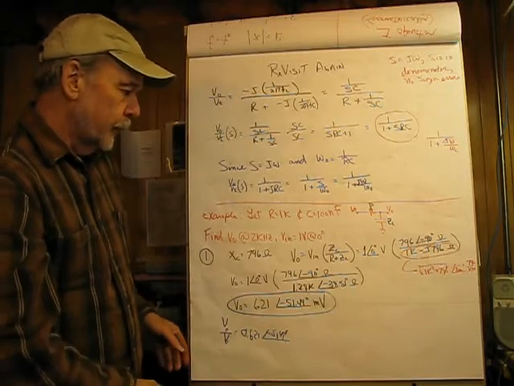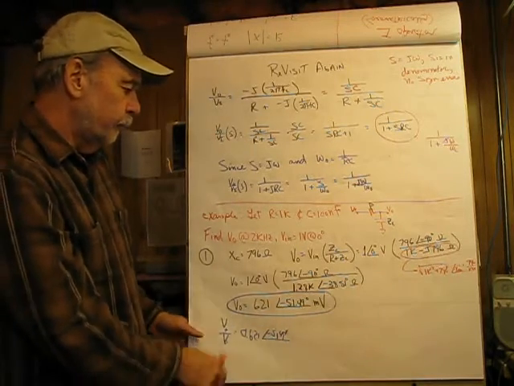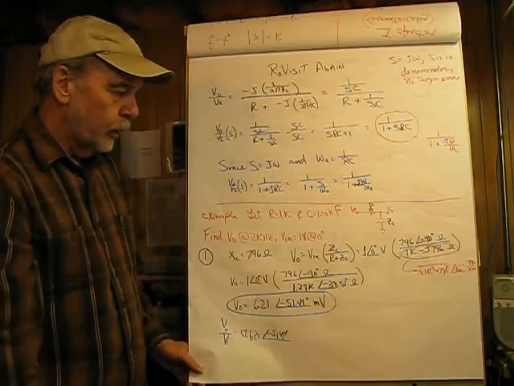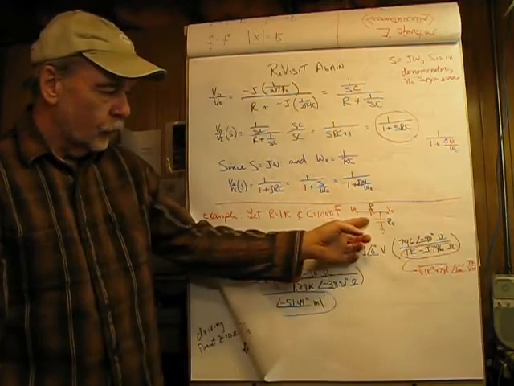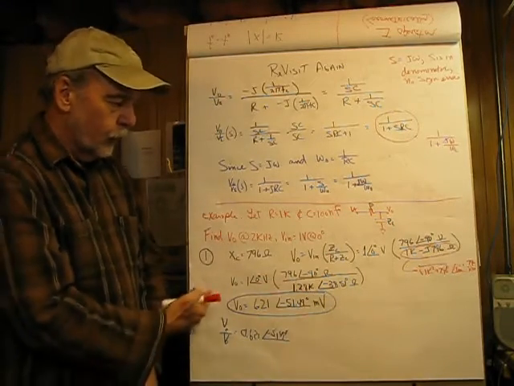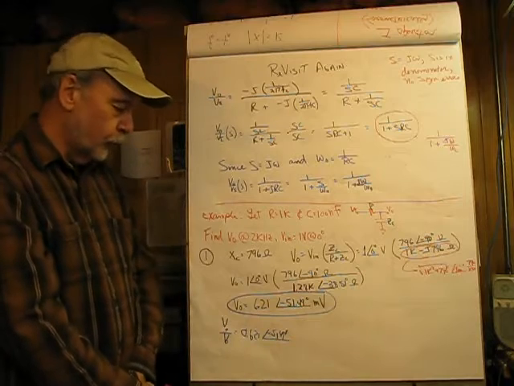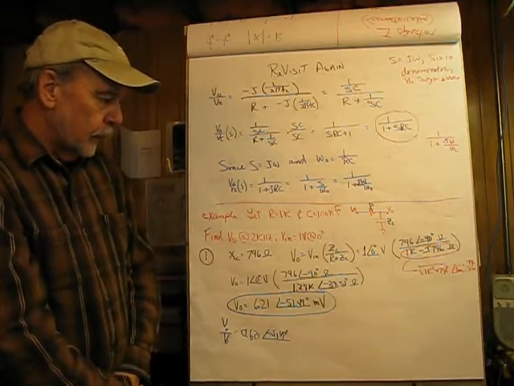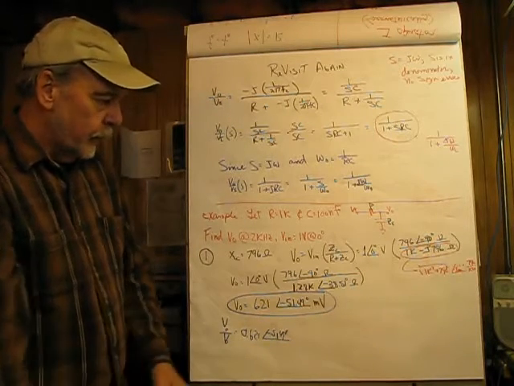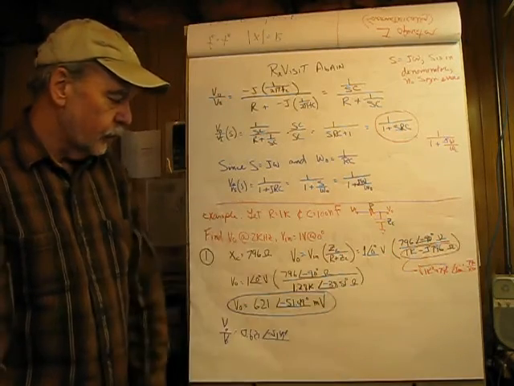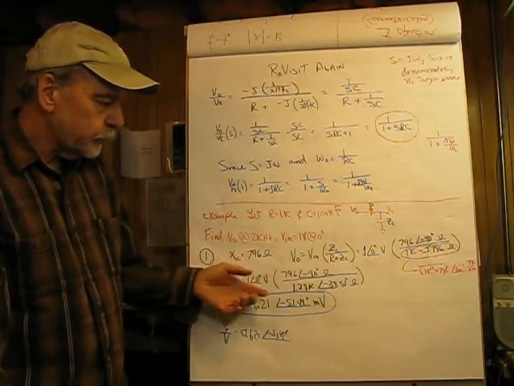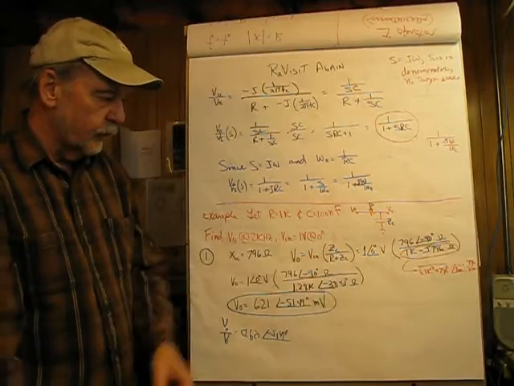Example 1, we're going to let R equal 1K and C equal 100 nanofarad. And this is going to be our circuit here, and we're going to solve this the same as we did before using voltage divider. We have the X sub C is 796 at negative 90, and we're setting this up as voltage divider here.